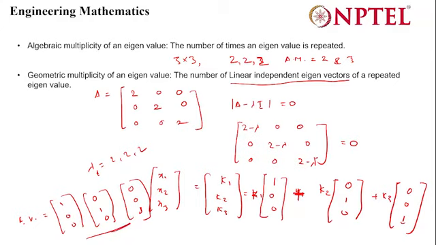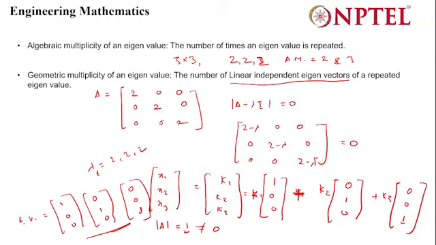These are your 3 eigenvectors. Now tell me if these 3 eigenvectors are linearly independent or linearly dependent. Independent. Okay, independent. You can see this will be an identity matrix and the determinant of an identity matrix is 1, which is not equal to 0. That means they are linearly independent. Okay, I hope everyone understood.